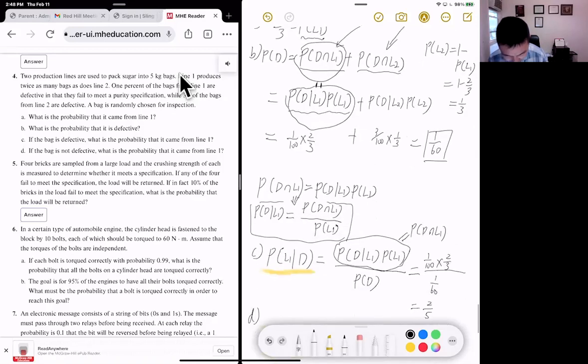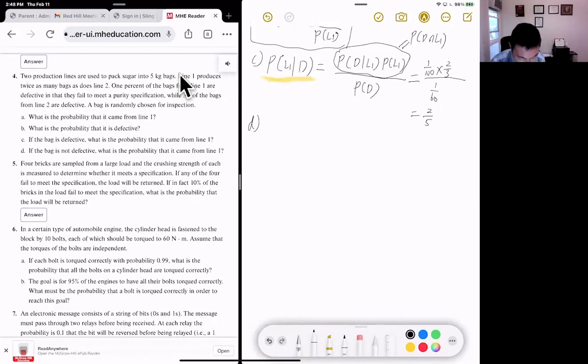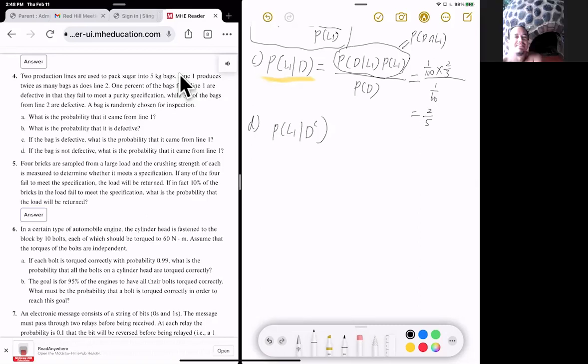Okay, then let's do it. So the question is asking P(L1 given not defective). Not defective means this. So given D^C, where C means complement, or not D. So not D means not defective. Is this a Bayes rule application?